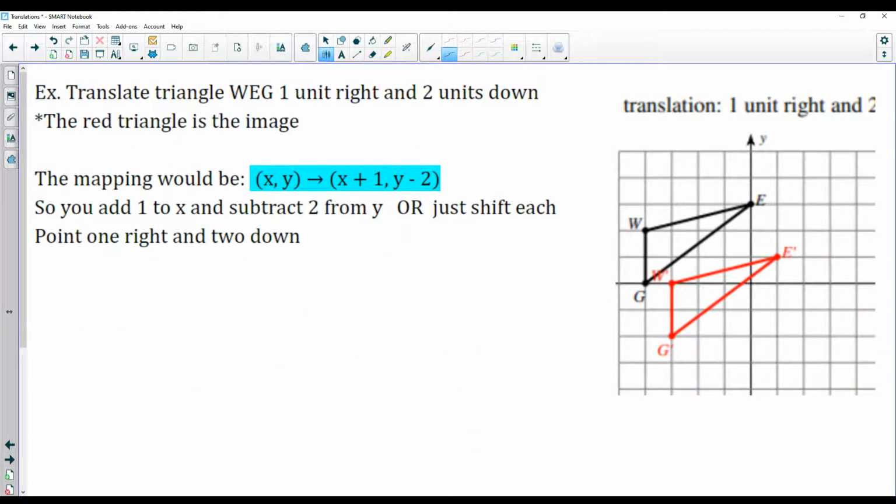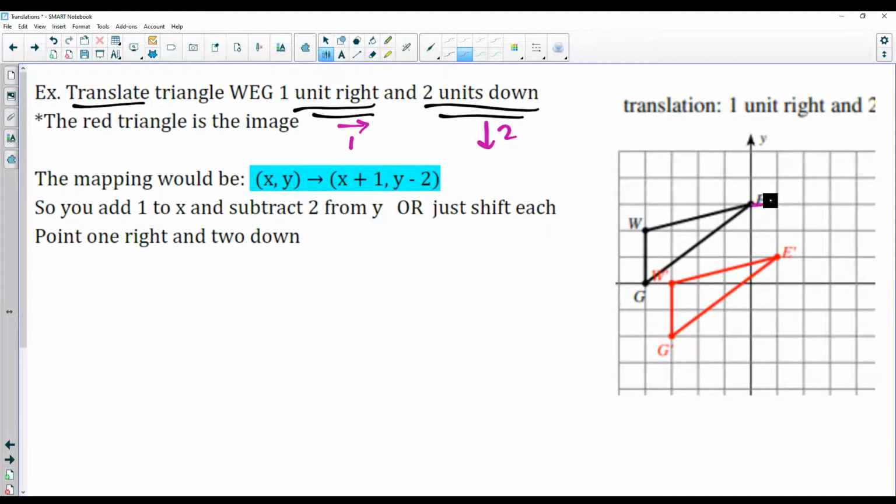Okay, so in this case, triangle WEG, we want to translate it, so that means shift 1 unit to the right and 2 units down. So that means that we want to go 1 unit that way and we want to go 2 units down. Okay, if we look at our picture, that makes sense.